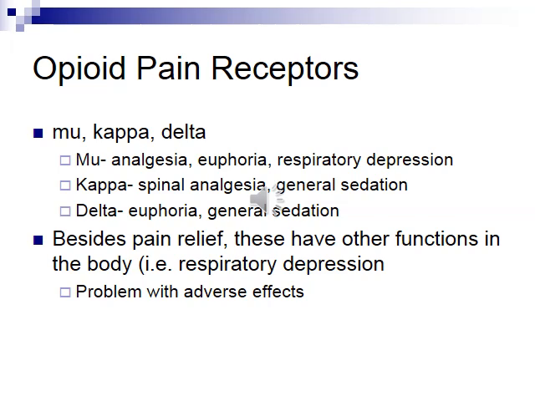So you can see an issue here is that besides pain relief, these receptors do have other functions in the body. For instance, the mu receptors also cause respiratory depression. So when we look at some of the adverse effects of your opioid-based pain medications, that's where those adverse effects can come in as well. So in addition to being able to produce analgesia or pain reduction, these receptors have other responsibilities.